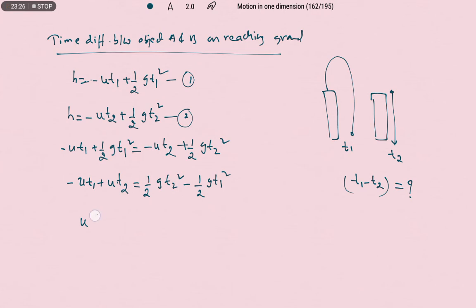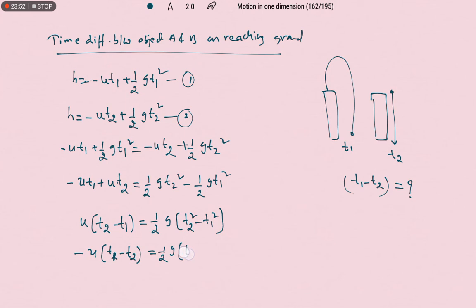u times of t2 minus t1 of g times of t2 square minus t1 square. Let us take the minus common on the left side. I am going to write minus of t1 minus t2, 1 by 2 g times of, we can write it as t2 square minus t1 square.